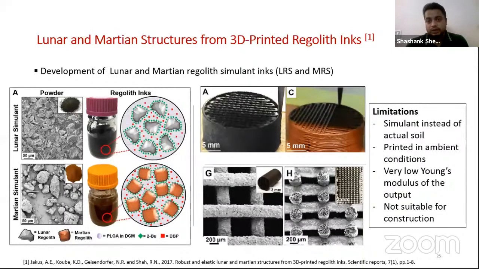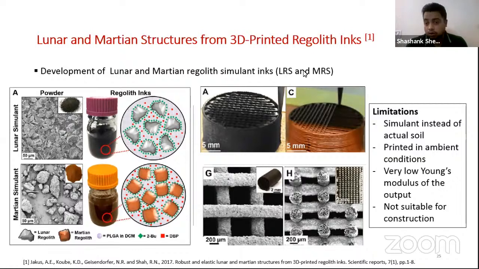And people have tried to demonstrate that these kinds of simulants can be printed, but the results have not been very satisfactory so far. The output has been a product with very low Young's modulus, which is not capable of sustaining even its own load, keeping aside the load of other things.